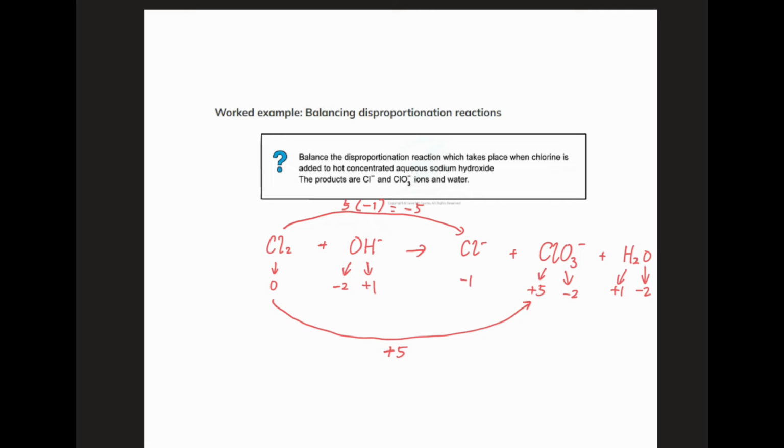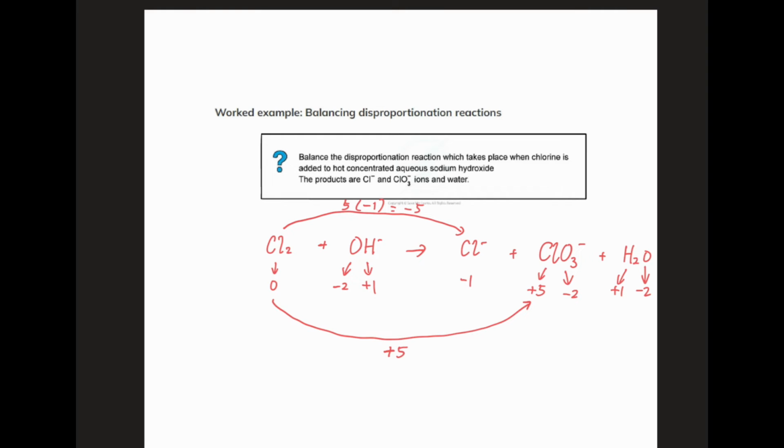So we have positive 5, have minus 5. Once you multiply 5 to the decrease in the oxidation number, the positive 5 and the minus 5 are now balanced.